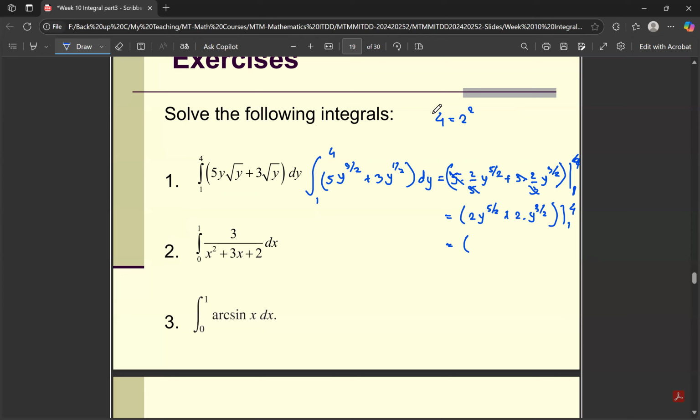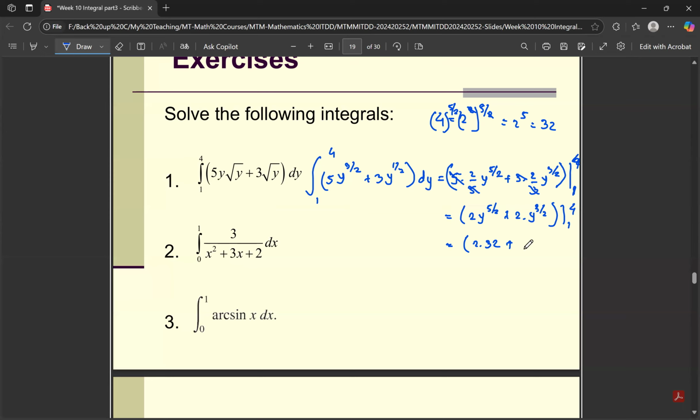So here we have 5 power of 2, so we can cancel out again. This should be 2 to the power 5, and we know this is 32. So this is 2 times 32.